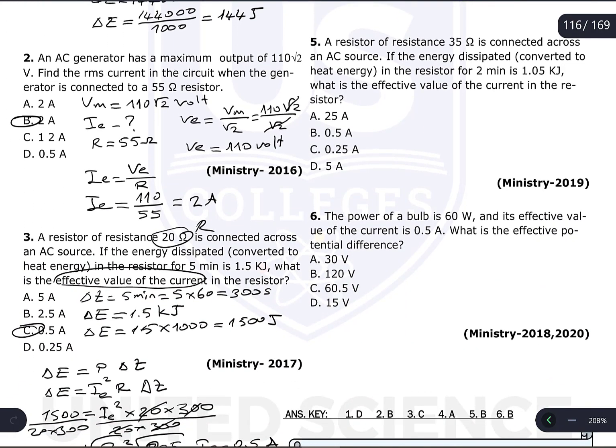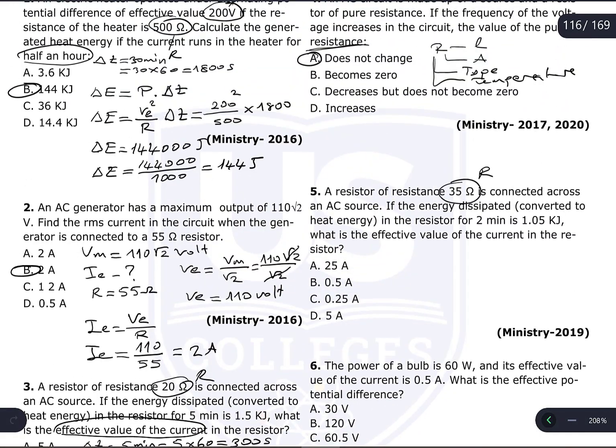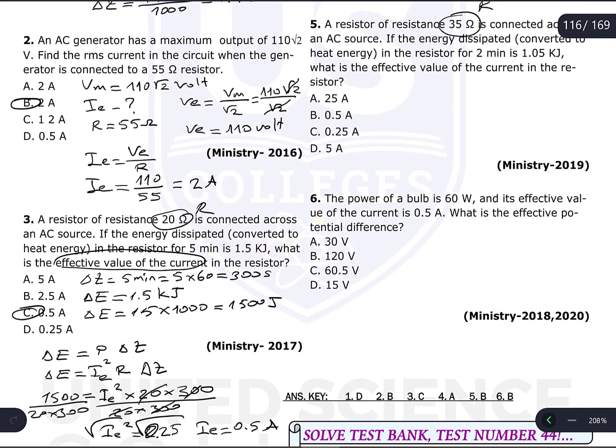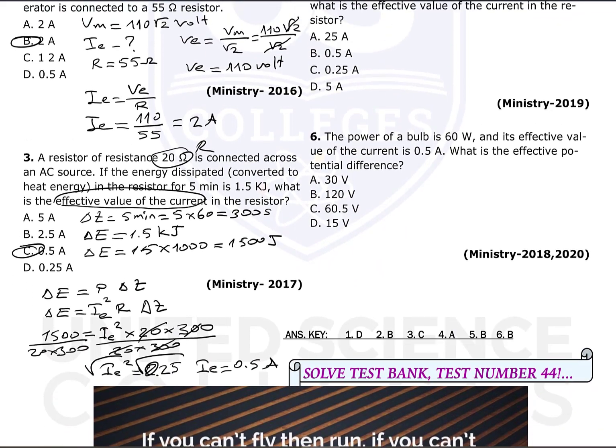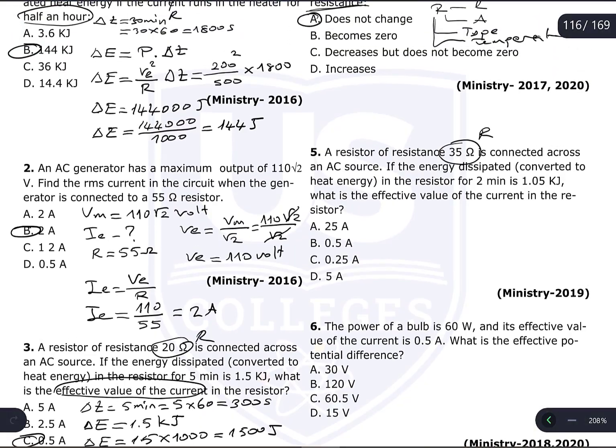Question number 5. A resistor of resistance 35 ohm, which is R, is connected across an AC source. If the energy dissipated, converted to heat in the resistor in 2 minutes, is 1.05 kilojoule, what is the effective value of the current in the resistor? I think we calculated a question similar to this one. Question number 3 is very similar to this one. Let's solve this again once.